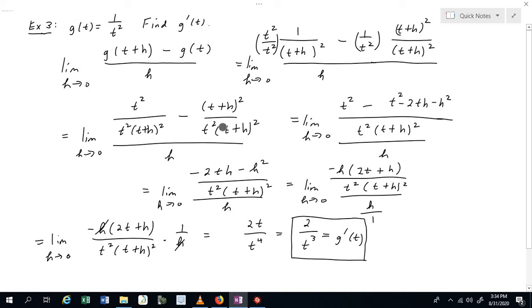Okay, so I think you need to keep that in mind. Square roots, you're probably going to have to multiply by conjugates. If you're dealing with rational expressions, you're probably going to have to find a common denominator in order to evaluate this limit.